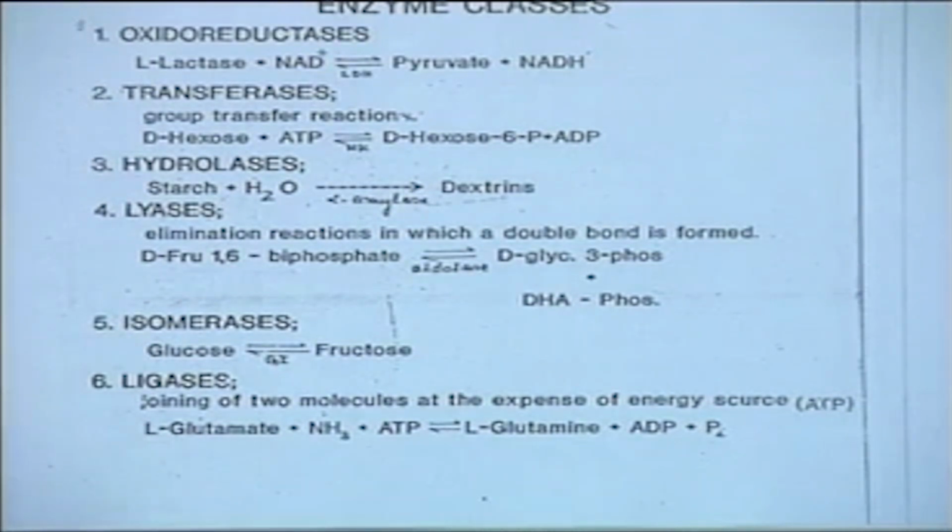You have isomerases, another important class of industrial enzymes, which isomerize one molecule into another isomer of the molecule. One of the most significant enzymes under this class is the isomerization of glucose to fructose. Ligases, of course, join 2 molecules at the expense of an energy source.